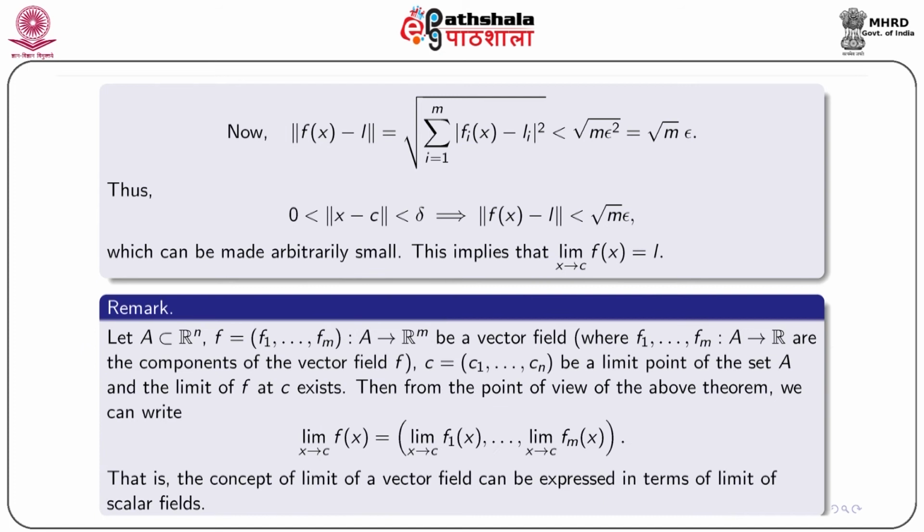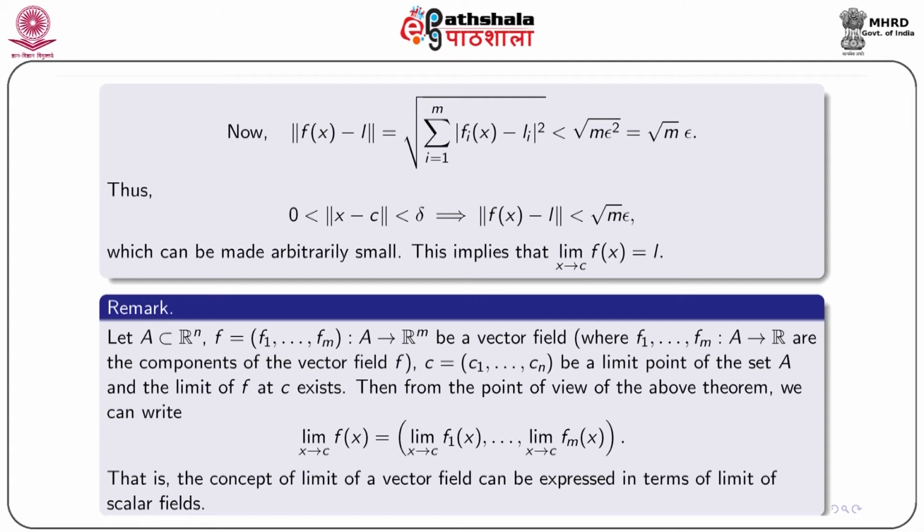Now, norm of f(x) minus L equals the non-negative square root of the summation i equal to 1 to m of modulus of f_i(x) minus l_i squared, and this is less than the square root of m epsilon squared, that is, square root of m times epsilon. Now, epsilon is an arbitrarily assigned positive quantity and square root of m is a fixed quantity.